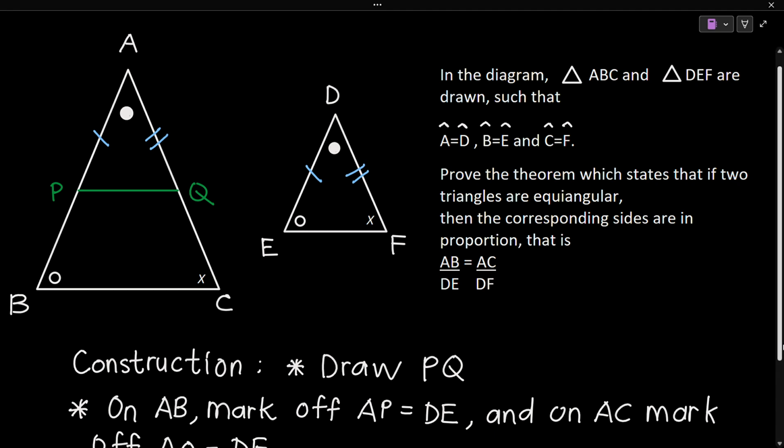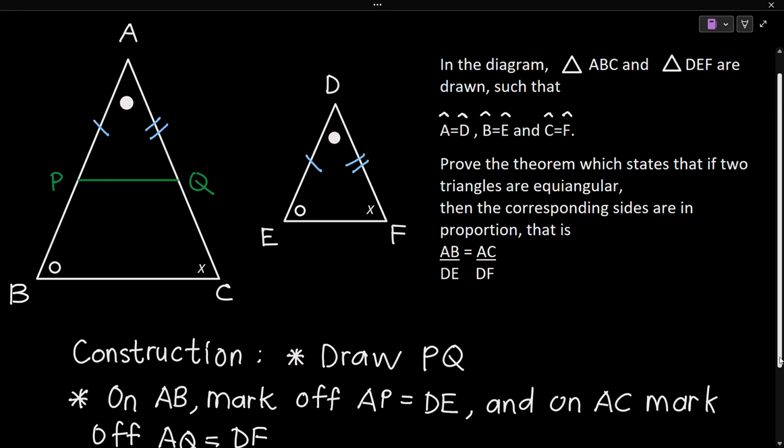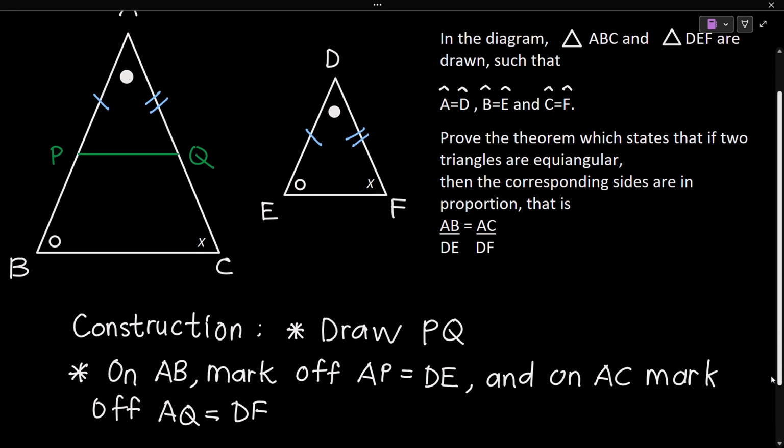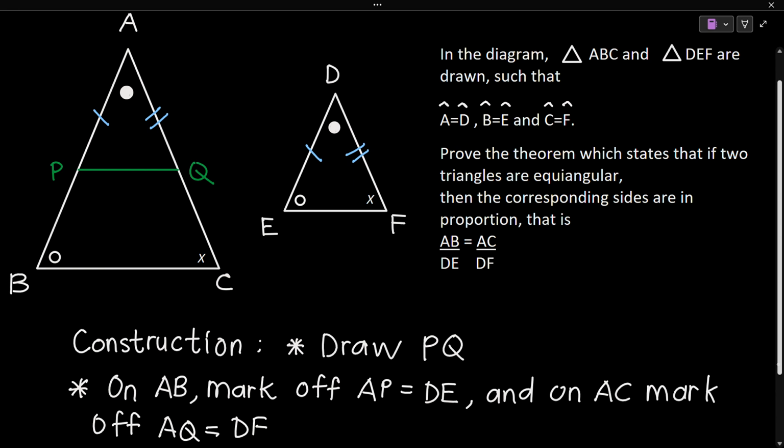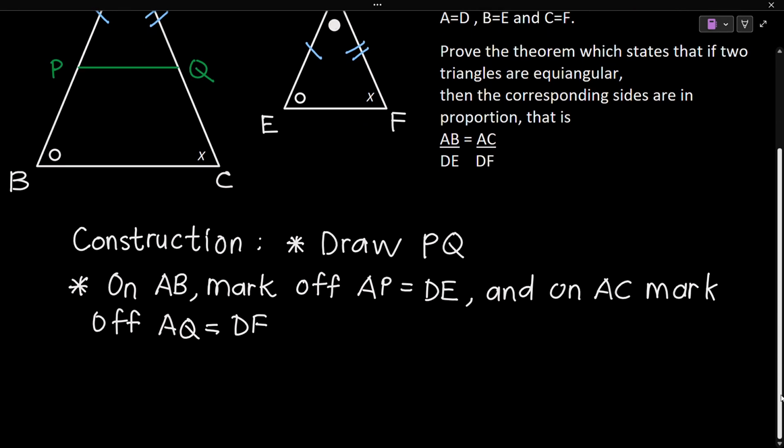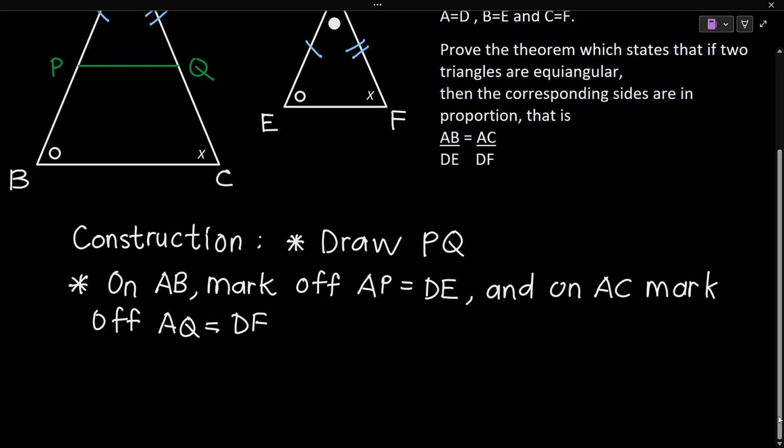But remember that we cannot just assume these things, okay? If we are trying to show for sure that they are equal to each other, then one way of proving that two triangles are exactly the same is by proving congruency. So that is going to be our second step towards proving these triangles similar. We are going to prove congruency for triangle APQ and DEF.